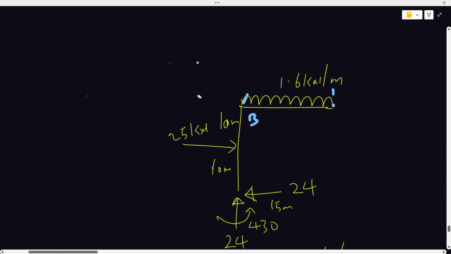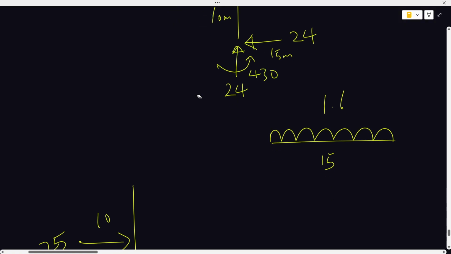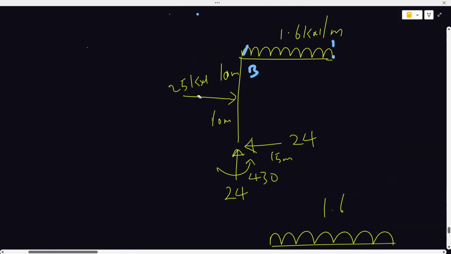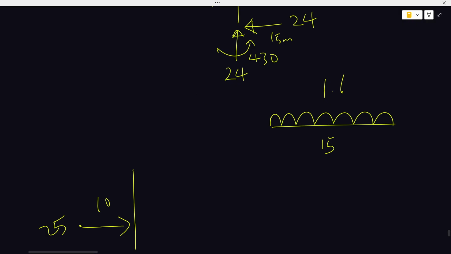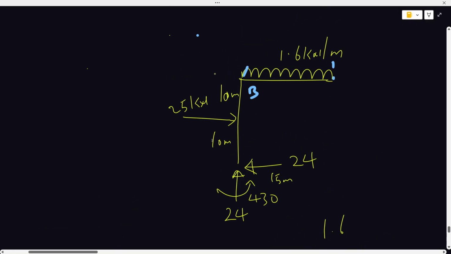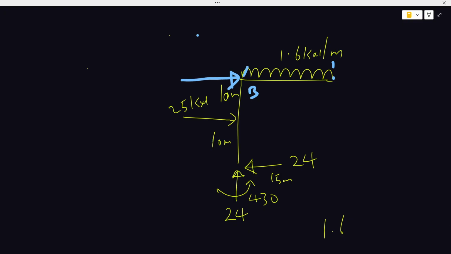But if there was a force acting, I need to show that force. Let me come again, I'm sorry. Let's say a force is acting here. You might think that this force is acting on this particular column or on this particular beam.